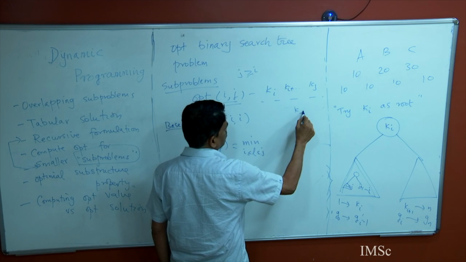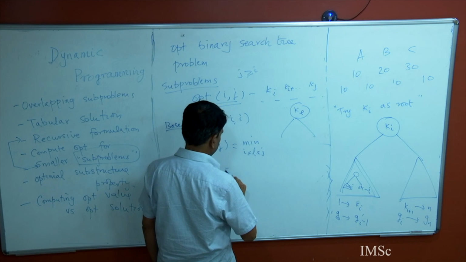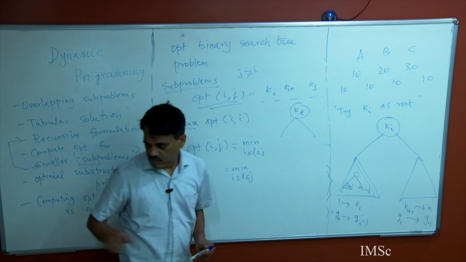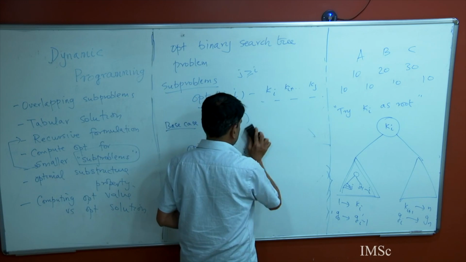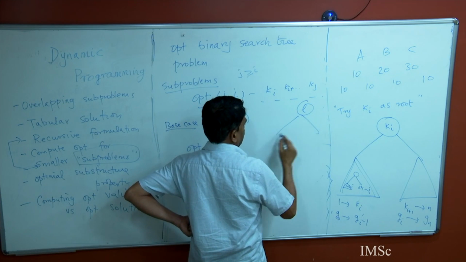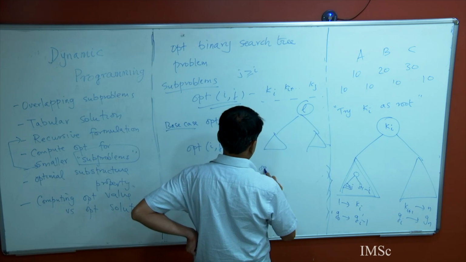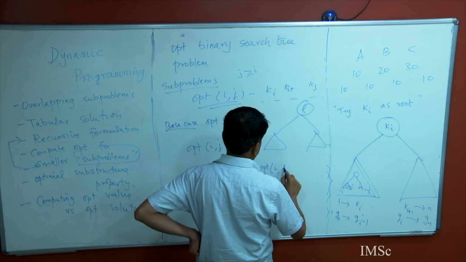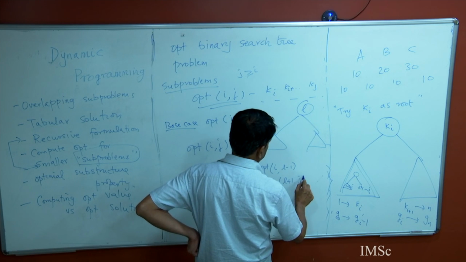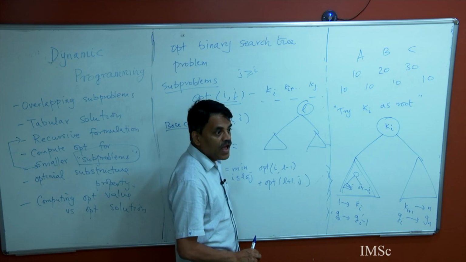So, I am going to use k_l as my root. So, there is this l, and here cost of opt i to l minus 1 plus opt of l plus 1 to j. What else happens? Height is increased by 1.